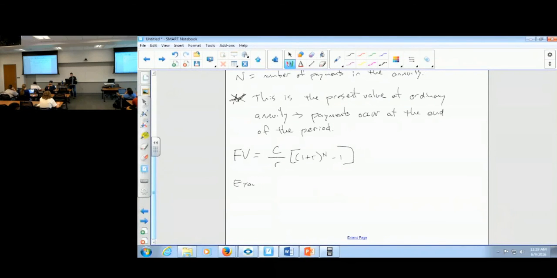So let's play with these. Let's do number 7 from the chapter 4 homework, and that is problem K 4-16.